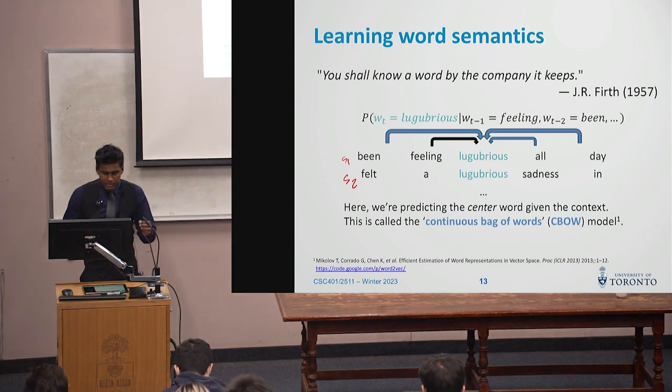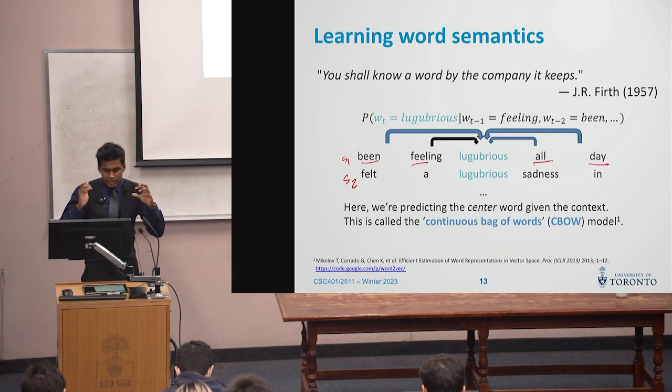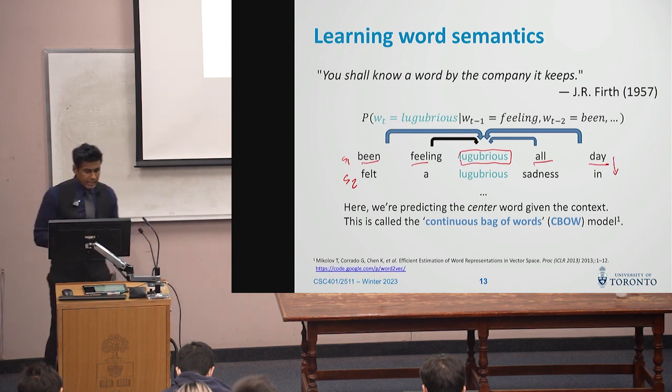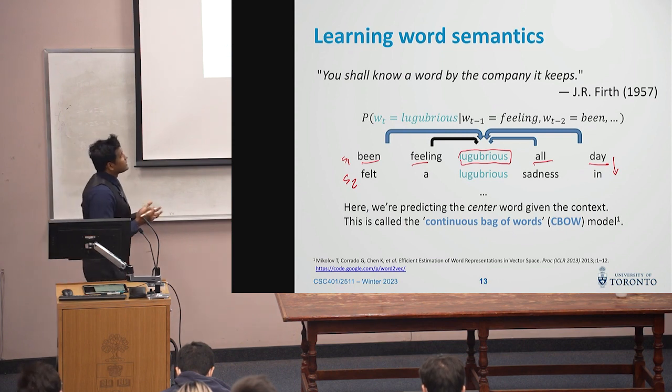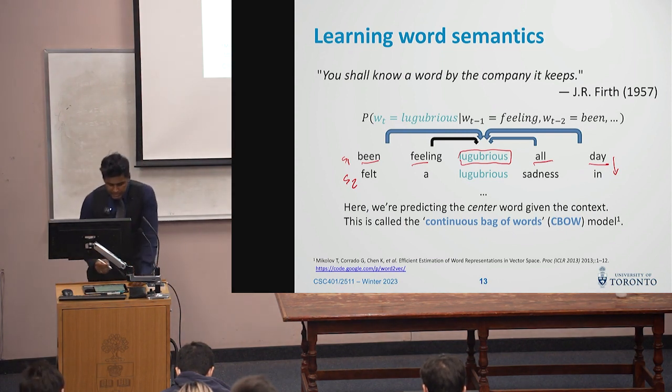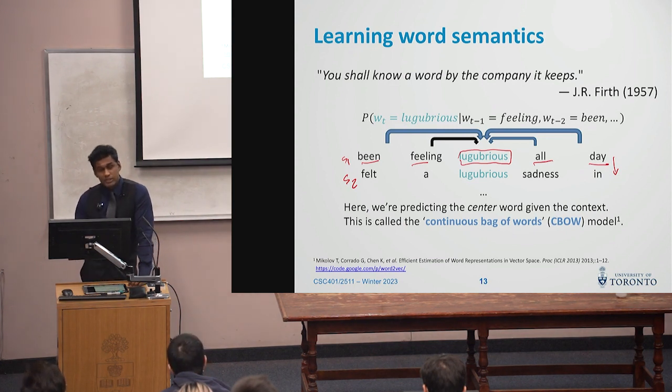Given a context window, you try to predict the center word given the surrounding words. That is the continuous bag of words model, and we'll look into how it works next. For the sake of simplicity, let's use these two sentences as our running example: been feeling lugubrious all day, and another window that says felt lugubrious sadness in.